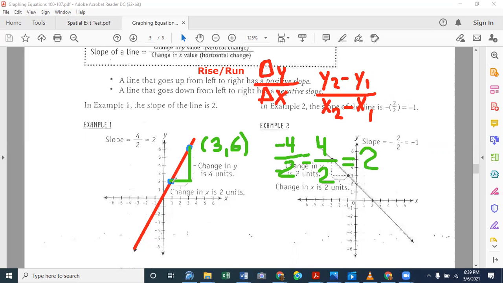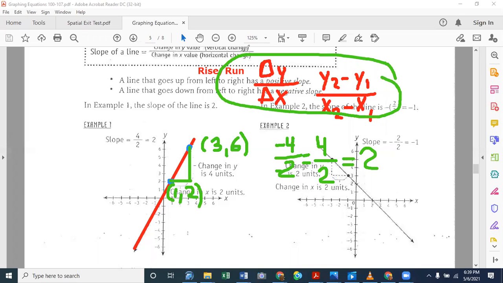And this other blue point here is 1, 2. Now, if I was just given the points and not the graph, and I couldn't use rise over run, or say the graph didn't go up by 1 unit at a time, I can use this formula up here, the change in y over the change in x. So what would I do?